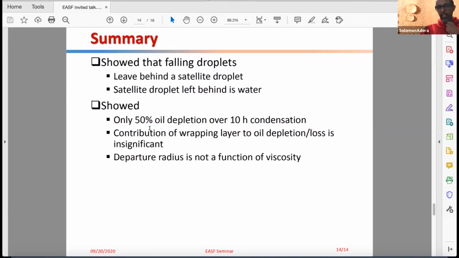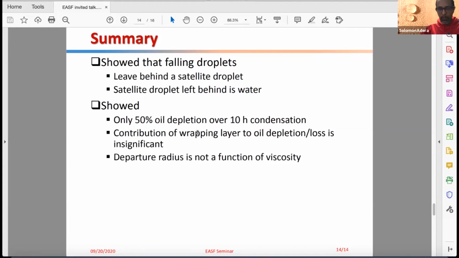We showed that over 10 hours of condensation, the lubrication film thickness, the B that I showed, goes from about 6 microns to around 3.7 microns. So we saw a 50% depletion over 10 hours. This is significantly higher than what has been reported previously. And we attribute this to the nanostructured surface on our tubes.